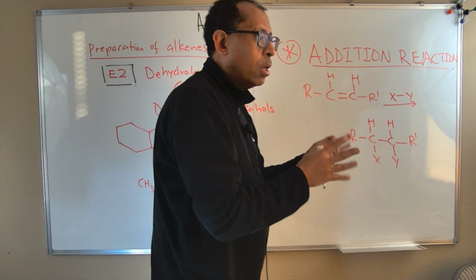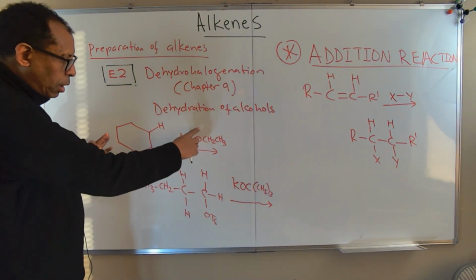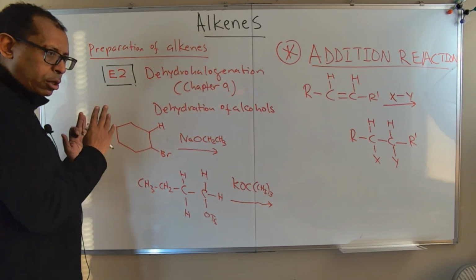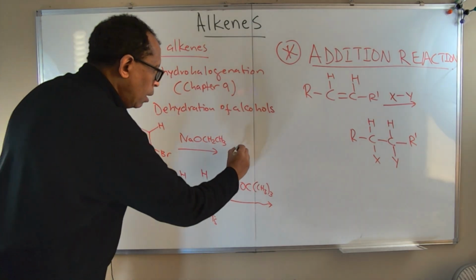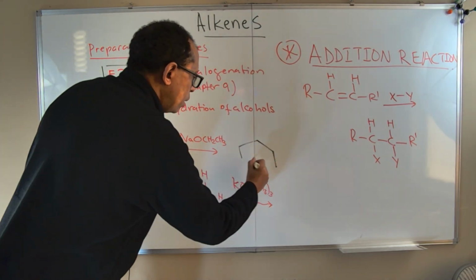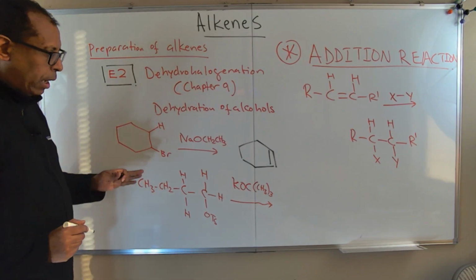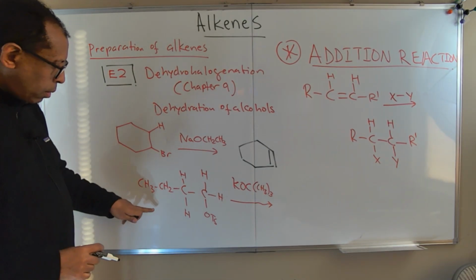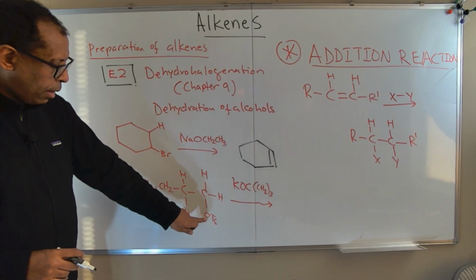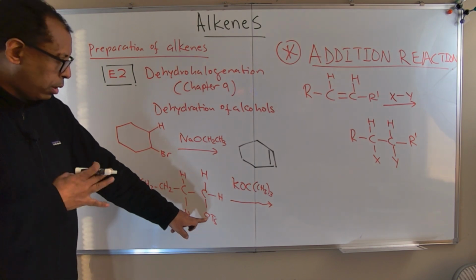It's called an addition reaction. For example, sodium ethoxide is a strong base. By E2 elimination, you can make a cyclohexene compound. So these are all eliminations. Here you also have an alcohol group which is tosylated to be a good leaving group.